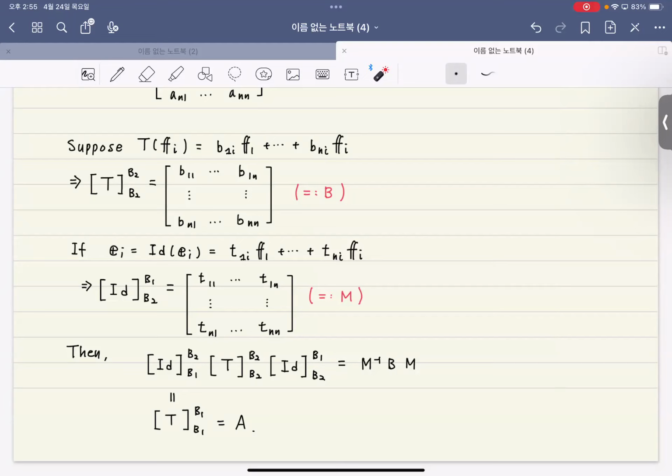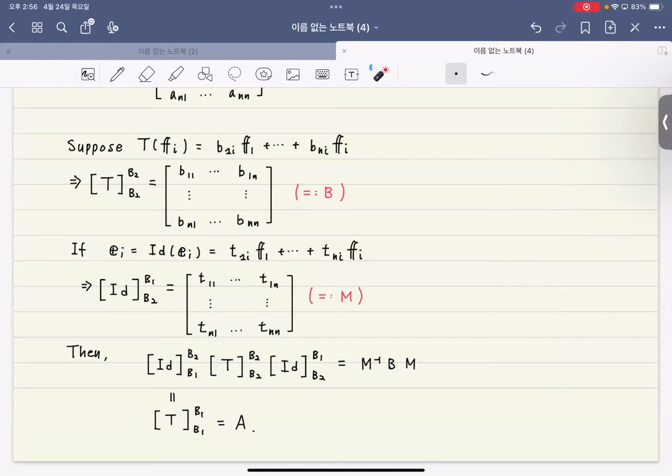However, I can think of two n by n matrices whose determinants are the same, but they are not similar. That is still possible. So the determinant is a prime example of an invariant of a matrix.